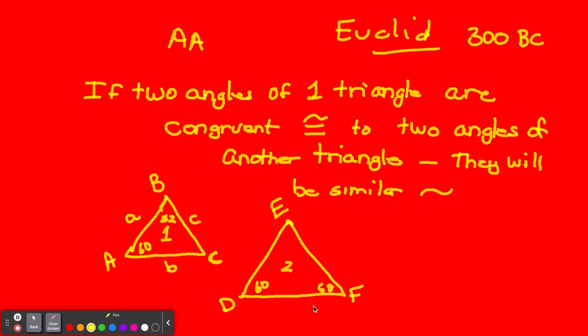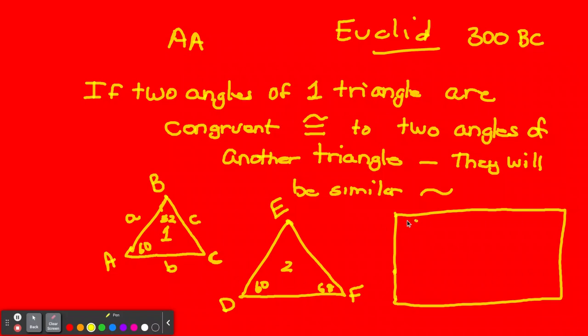Are these triangles similar? Well, we should know something about the triangle sum theorem. Let's make a little box, write this triangle sum. I said thumb, right? Theorem or postulate, right? You can hear it.